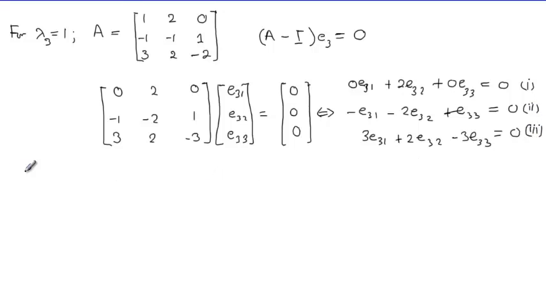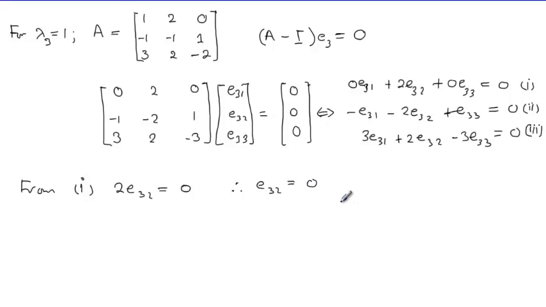Now, clearly from equation 1, we have 2E32 equals to 0. But we know that if two numbers multiplied together equal 0, one of them should be 0. So in this case, you can say, therefore, E32 is equal to 0.